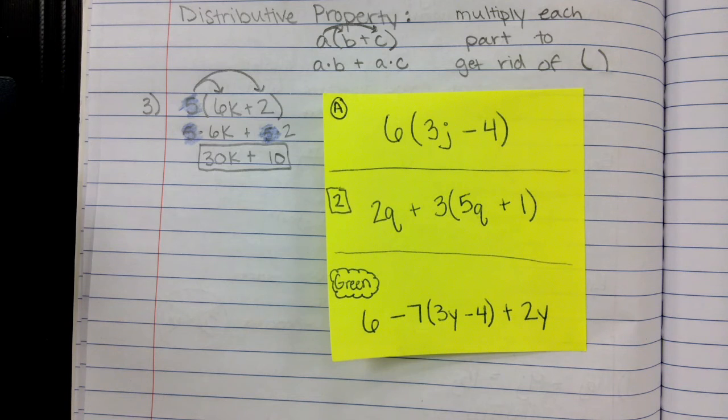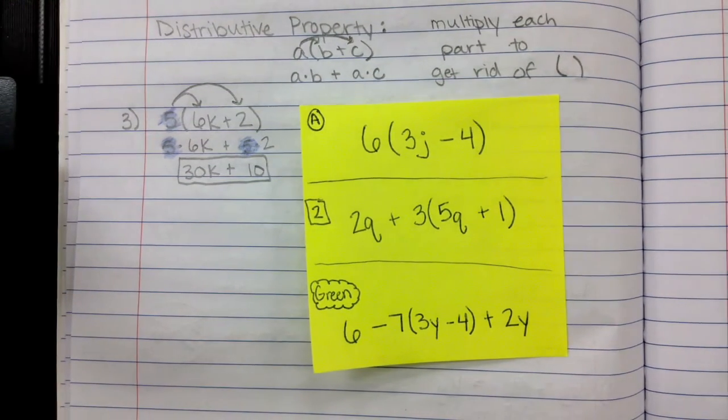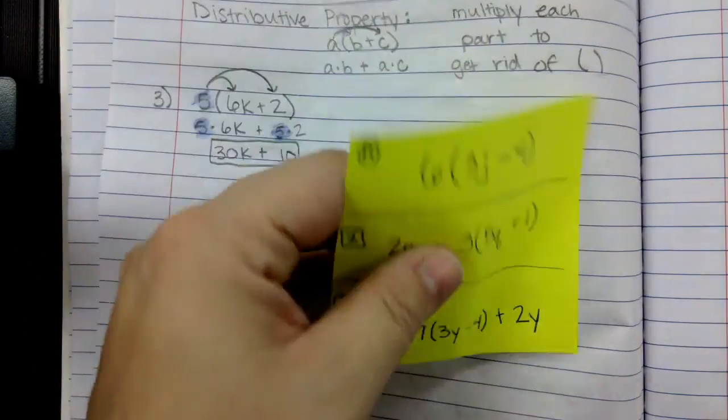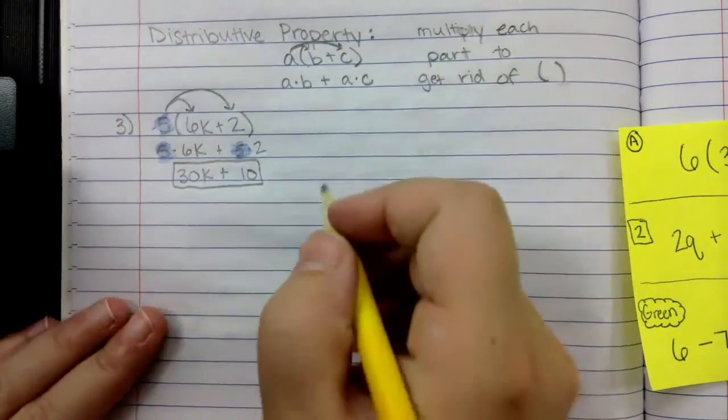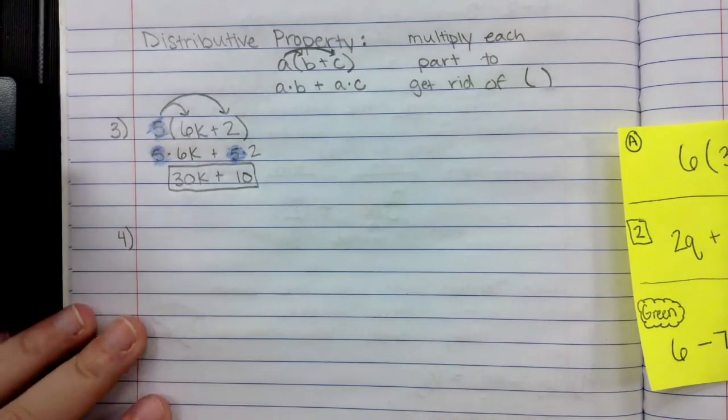So this is our last example today, problem number 4. We don't have a whole lot of time, so this will be our last problem. Number 4, we have 6 minus 7 times the quantity of 3y minus 4 plus 2y.